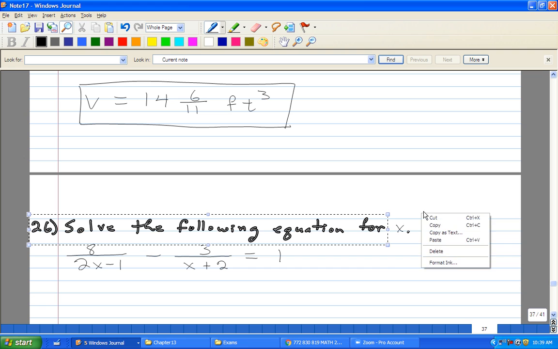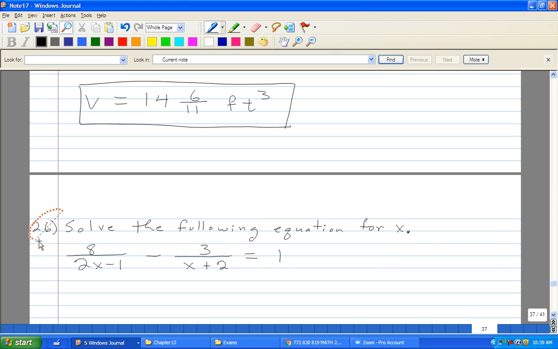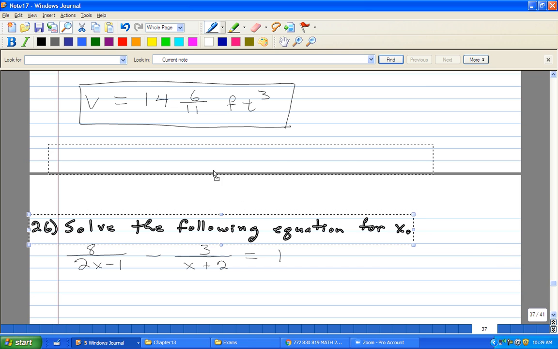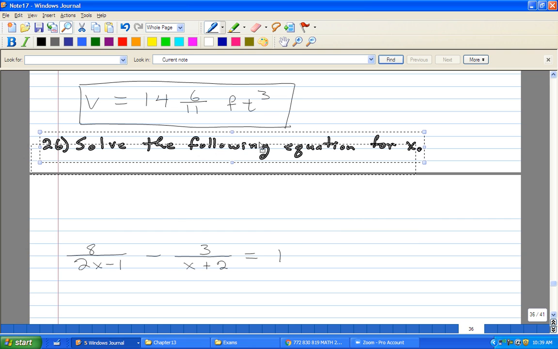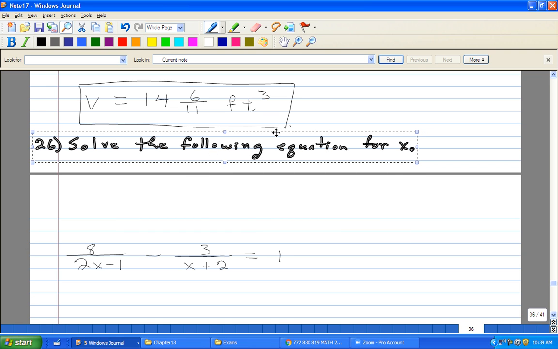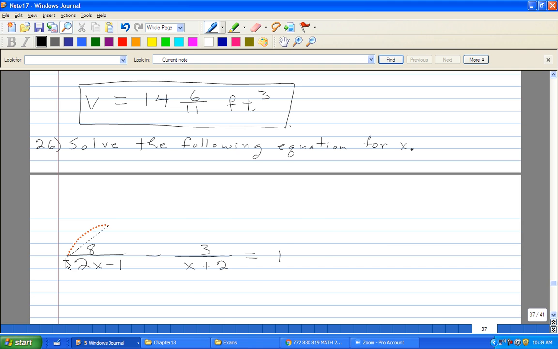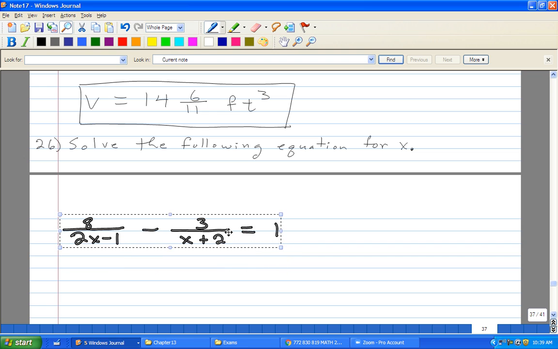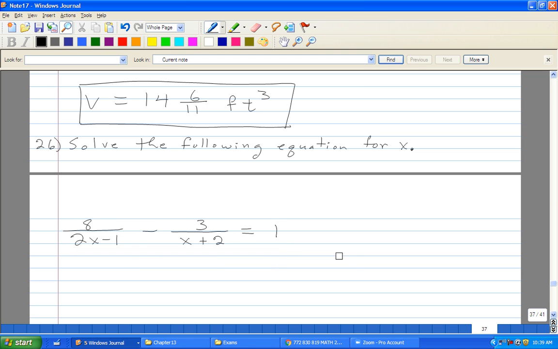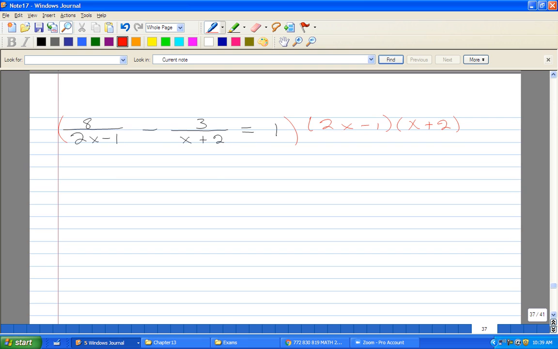Solve the following equation for x. 8 over 2x minus 1 minus 3 over x plus 2 is equal to 1. So let me do that. So let me multiply and divide by the least common denominator, which in this case is 2x minus 1 times x plus 2. So the 2x minus 1's cancel.